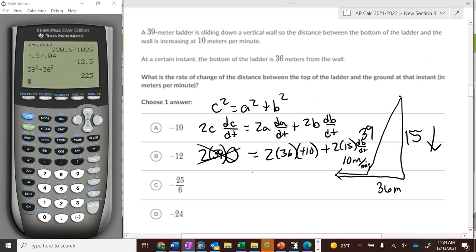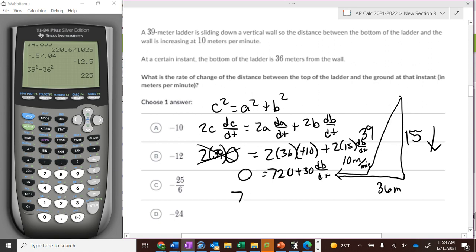It would be negative because it's the one going down. No, 15 is the length. It's not negative. The going down is what the answer is. So 720 plus 30 dB/dt equals 0.